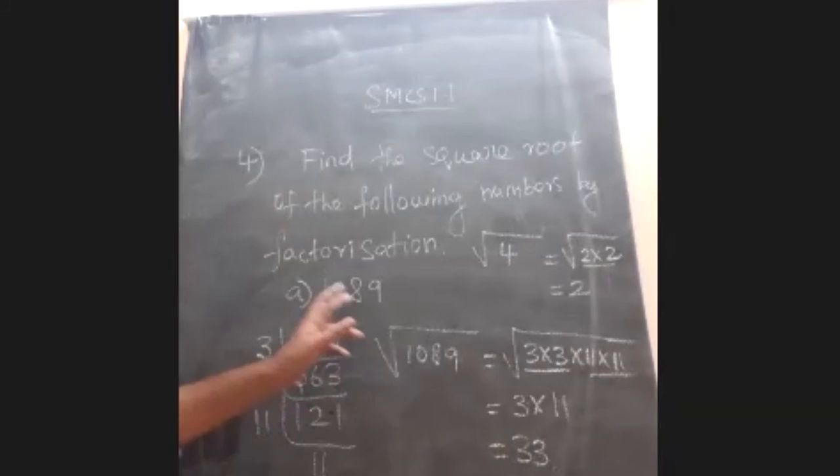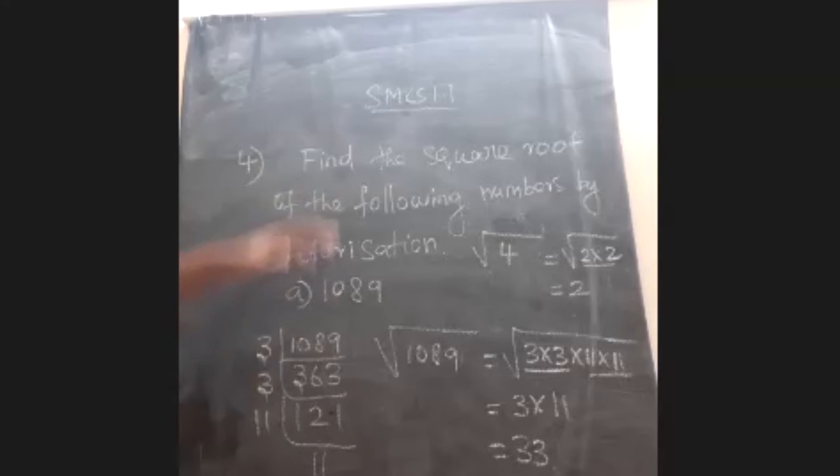The answer for this question is 33. So hope everyone understood how to solve a particular square root question.